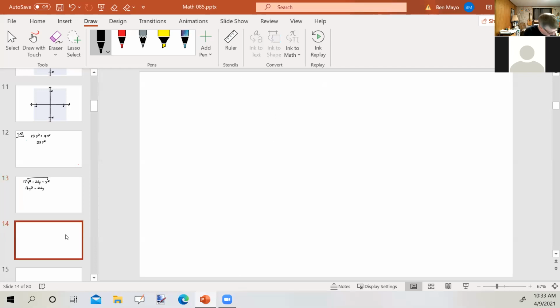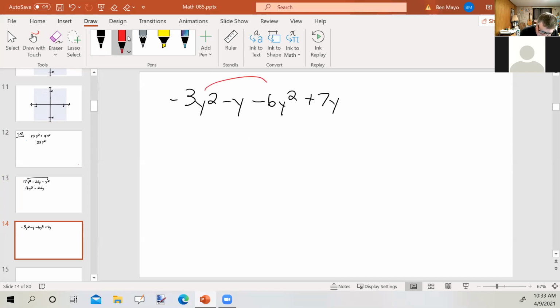Alrighty, let's say we've got negative 3y squared minus y minus 6y squared plus 7y. So we're going to combine like terms. These terms are alike, and those terms are alike. We're also going to put it in descending powers of the variable y.